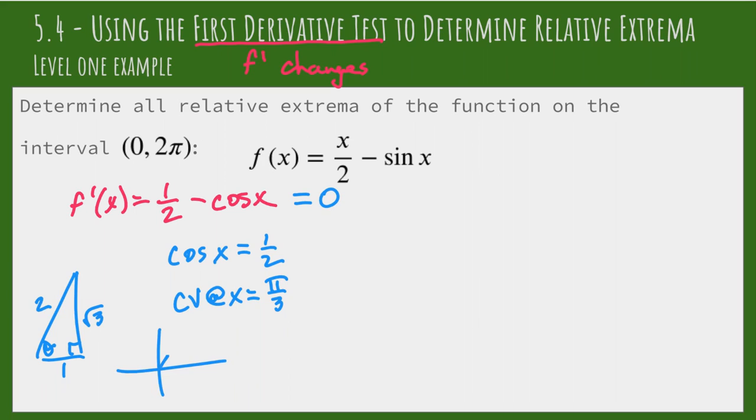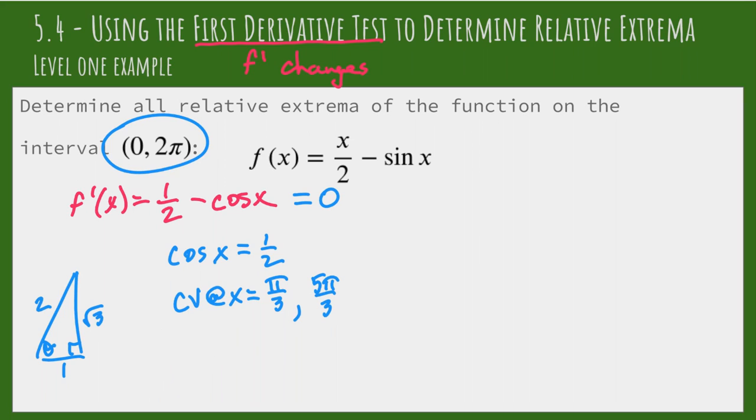So we have one answer here at pi over 3, another answer here at negative pi over 3, which is going to be 5 pi over 3. So we are going to get critical values where cosine of x is equal to positive 1/2. Remember, cosine is positive in the first and fourth quadrants. So we need to get both of those angles because we are looking at all angles between 0 and 2 pi.